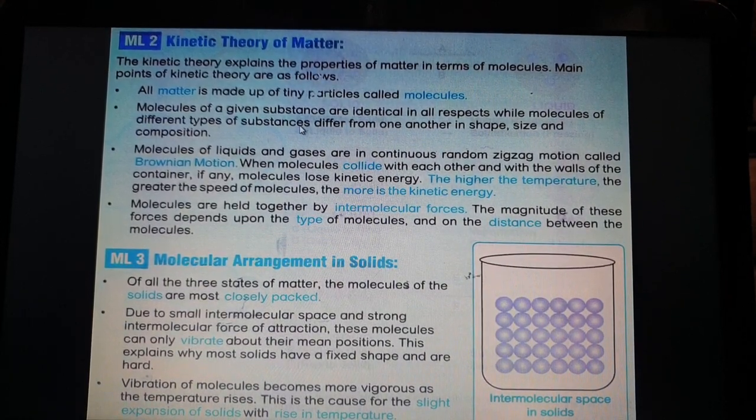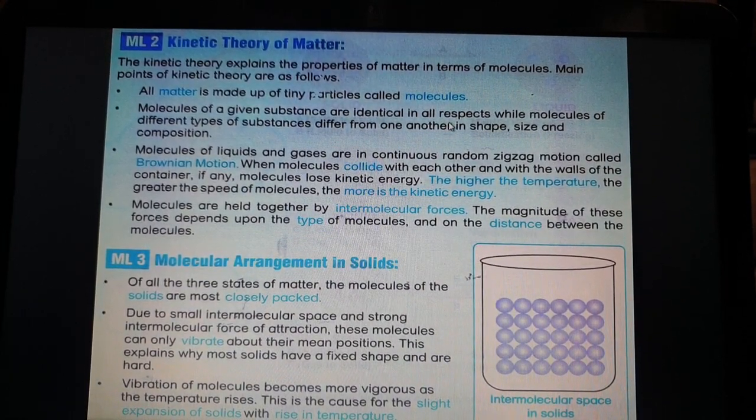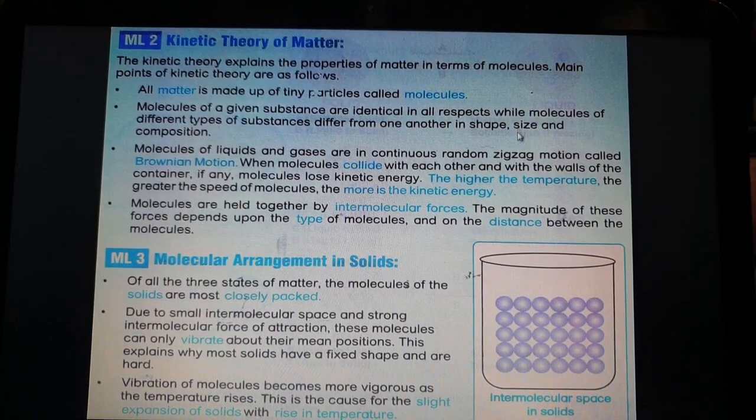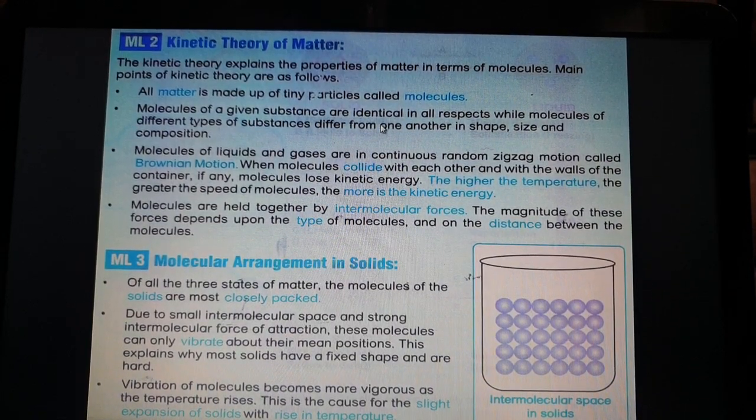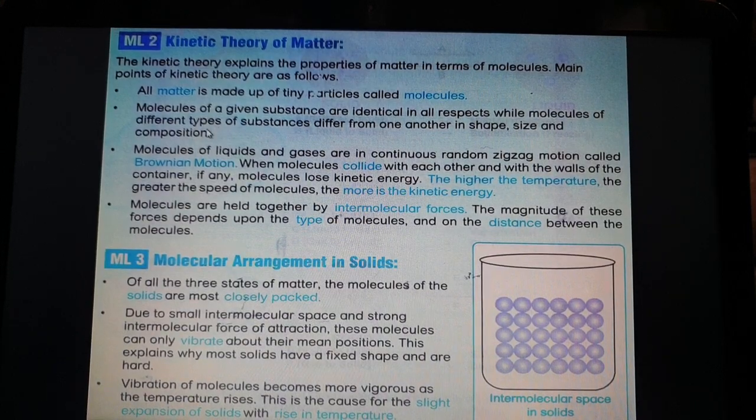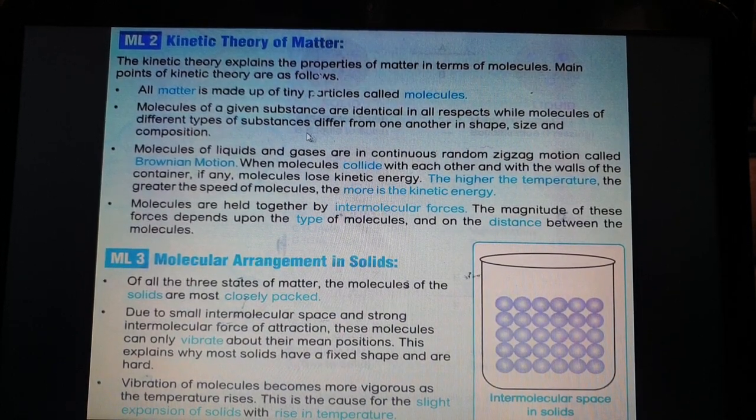That is, the molecules of a substance are identical in all respects, whereas for different matter, the shape, size, and composition will change.